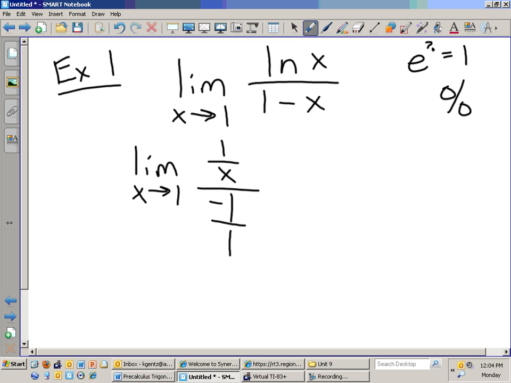I'm now just going to multiply by the reciprocal, and I get negative 1 over x. Can we plug in 1 at this point? We can. So we get negative 1. You need 0 over 0. We need 0 over 0.